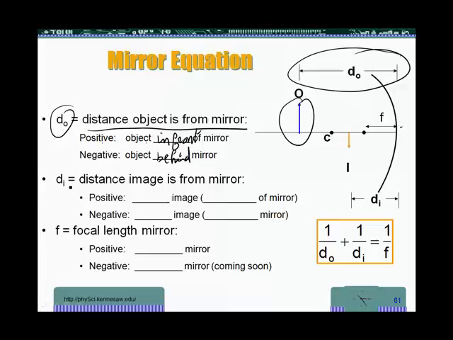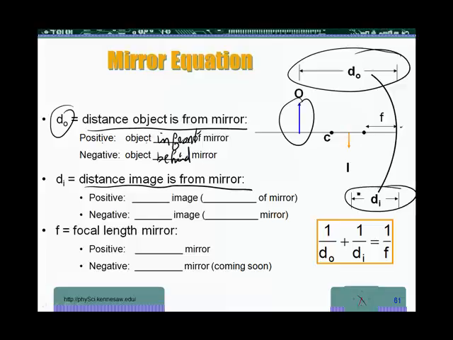Okay, now DI, what we call the image distance. It's going to be the distance from where the image is to where the mirror is. DI.